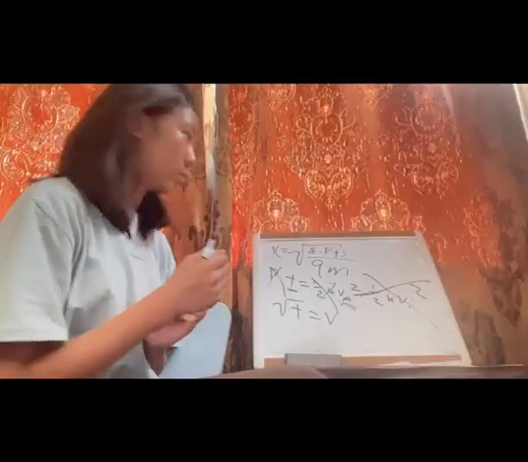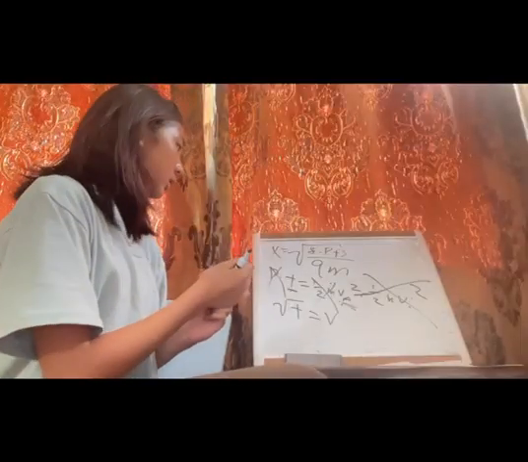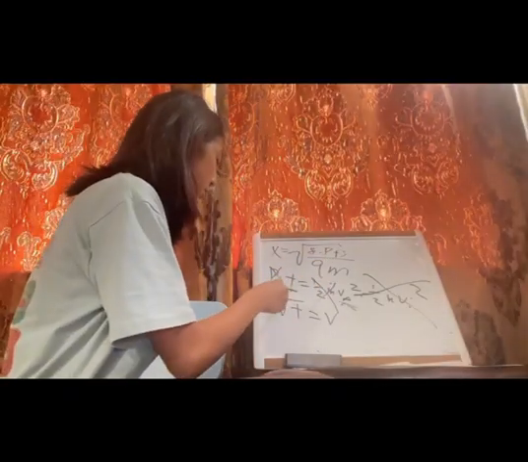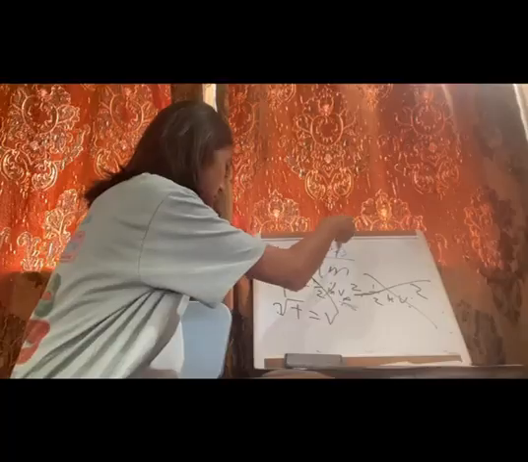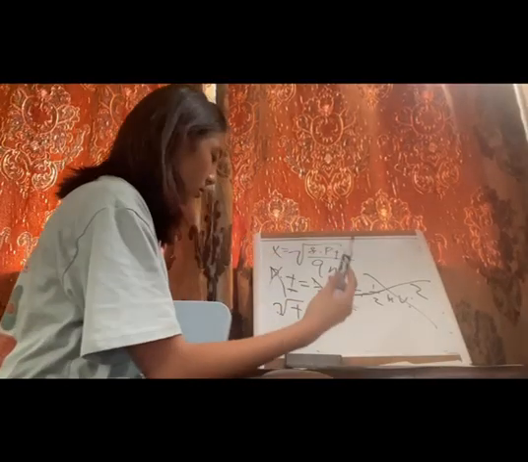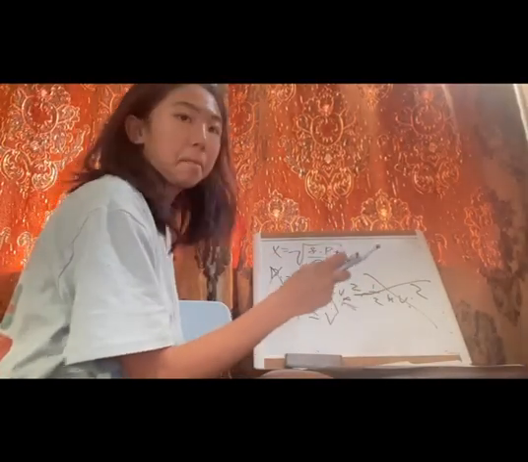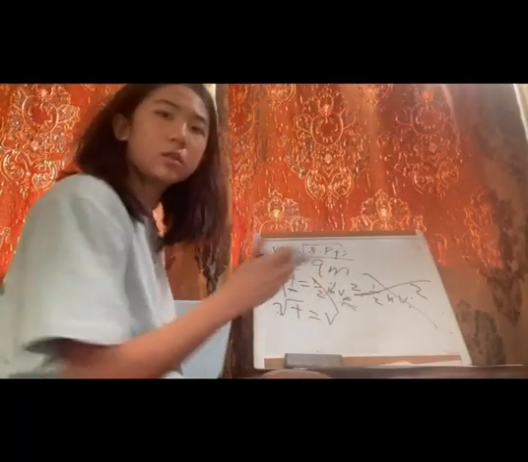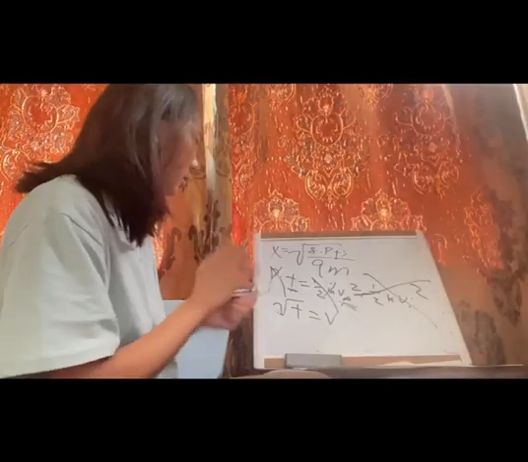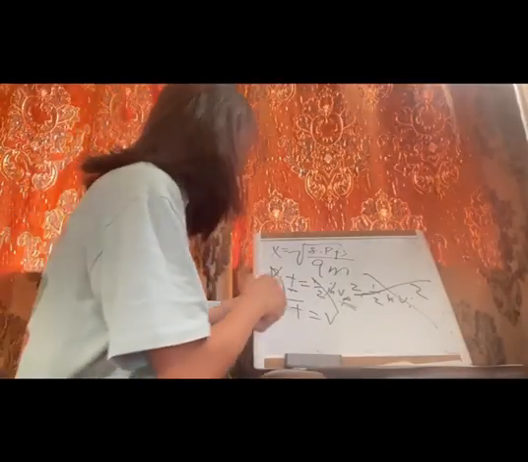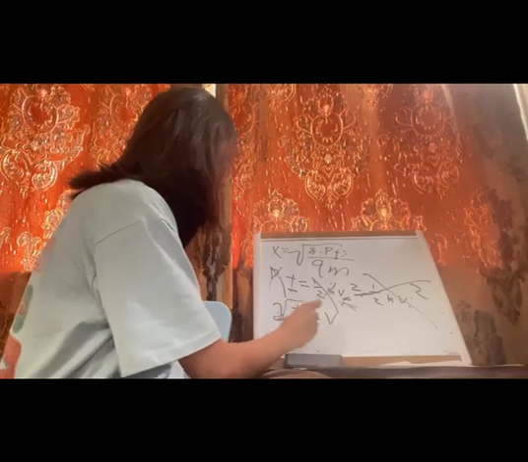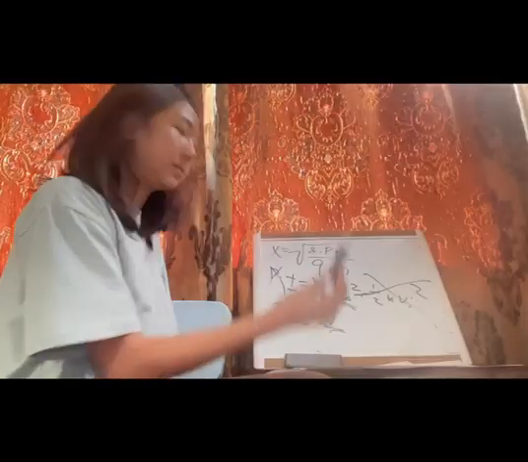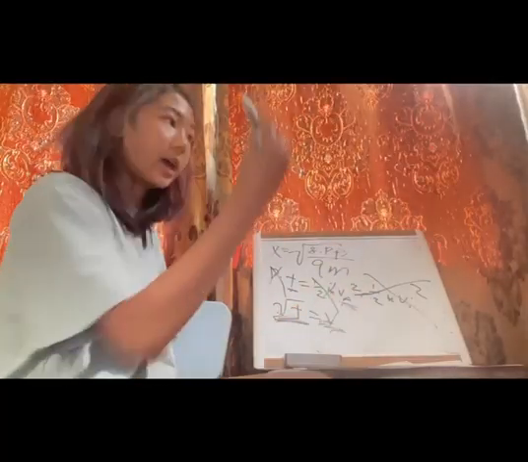So anyways, now what we have to do is just put this in here, and then we're basically done. We know that this is the relationship between t and v, but we want the relationship between x and v.